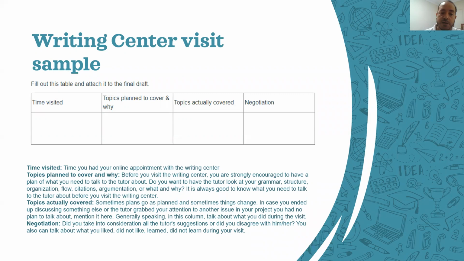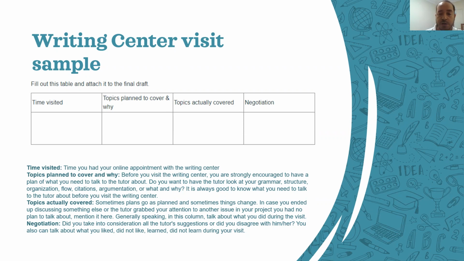And then the third column is about the topics that they actually covered. After your visit is finished, what did you actually discuss? Did you discuss the things that you planned to discuss, or did you end up discussing something else that probably the tutor thought was more important? What exactly did you discuss?